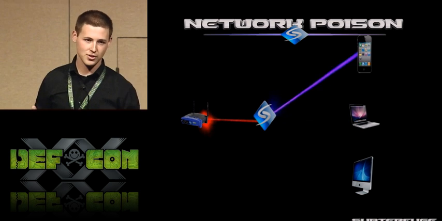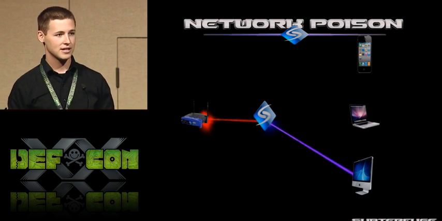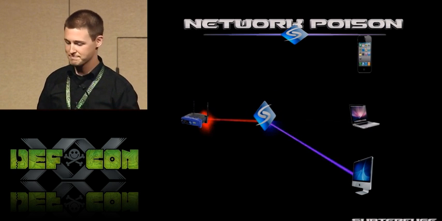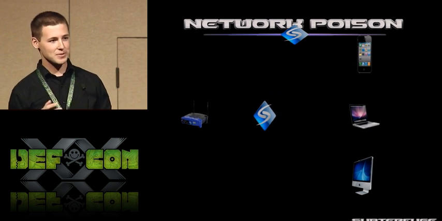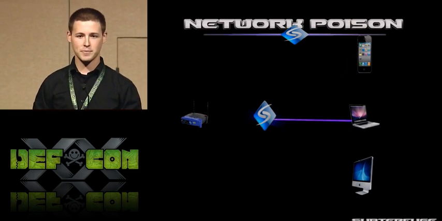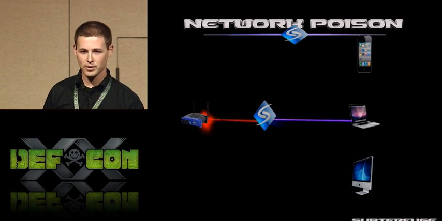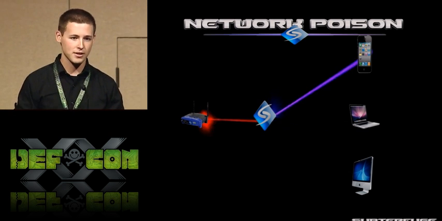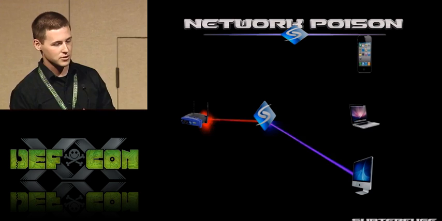And due to the inherently trusting nature of the ARP protocol, everyone says, sure, okay, why not? You're a good guy, right? And so that's where the problem all starts. And so once you have that man in the middle position, when everyone says, okay, I'm going to route the traffic through you, there's a multitude of different attacks that you can do.